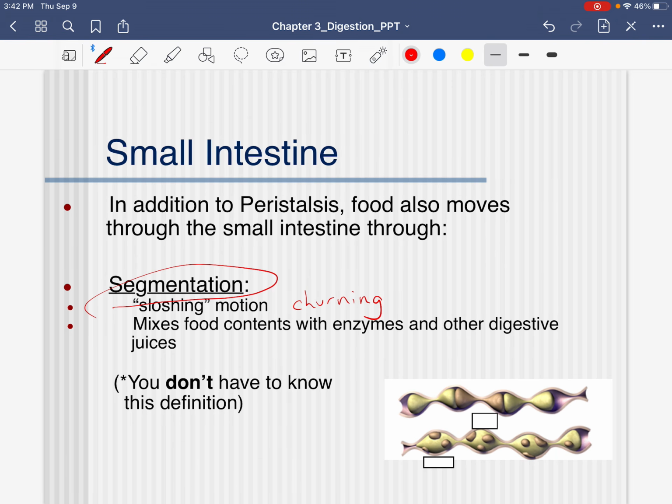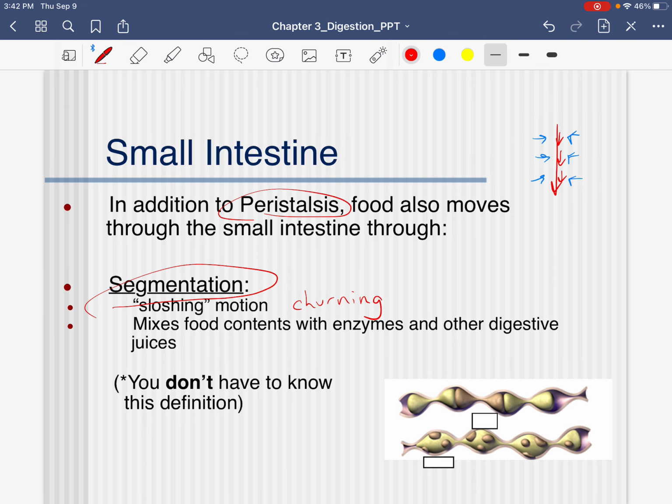I think of it also like a churning. So if we talk about peristalsis, it is more linear. We will contract the muscle here, then we'll contract the muscle here, then we'll contract the muscle here, ultimately, which pushes the food down.